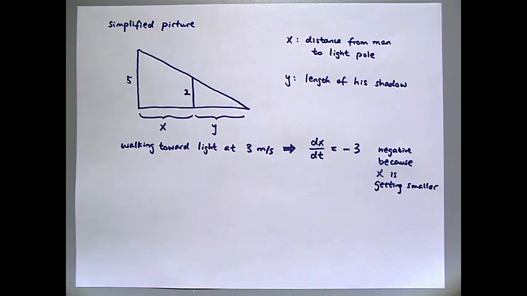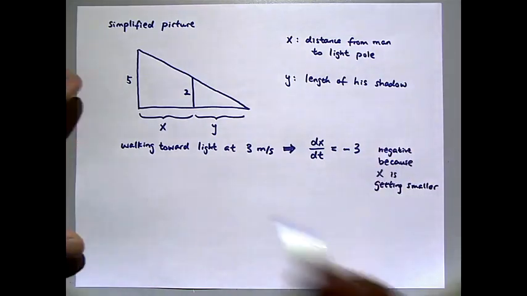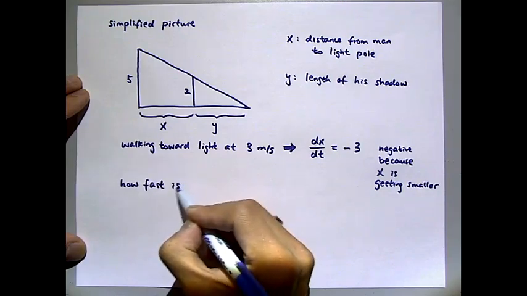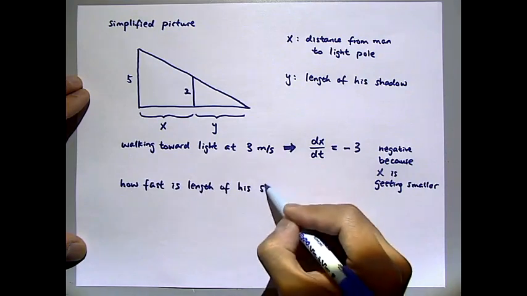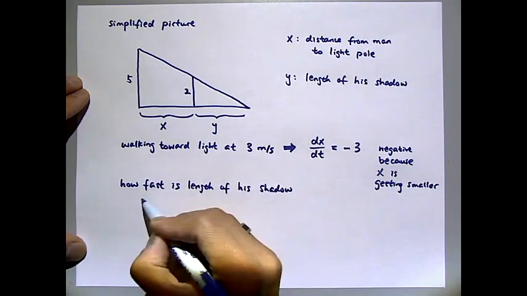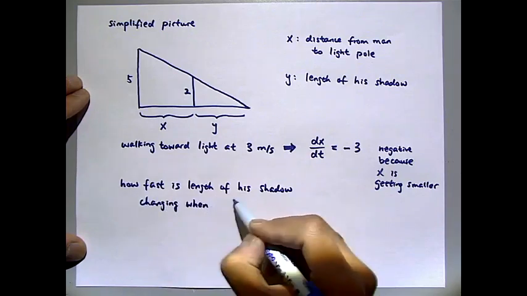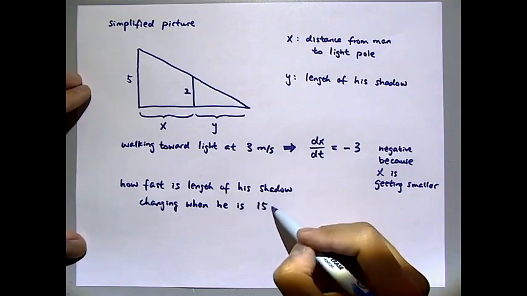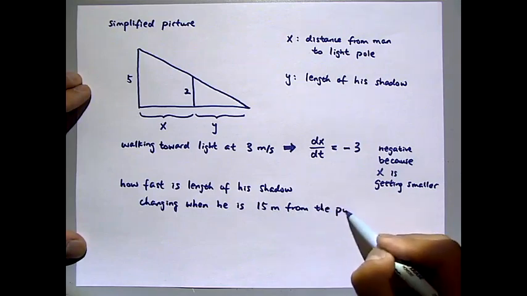Okay? Now we want to know how fast the length of his shadow is changing, at the instant when he is 15 meters from the pole.